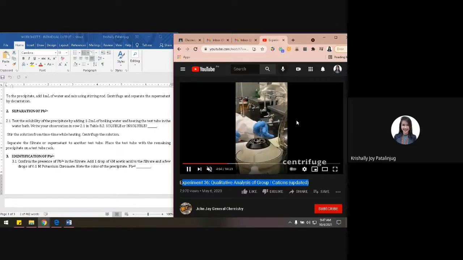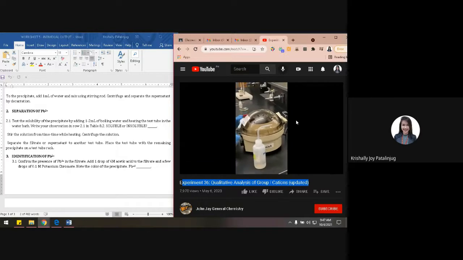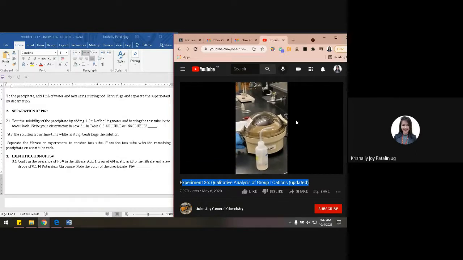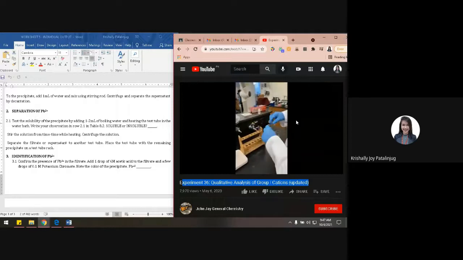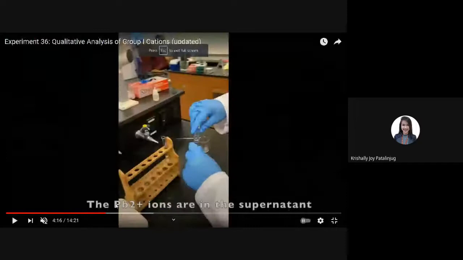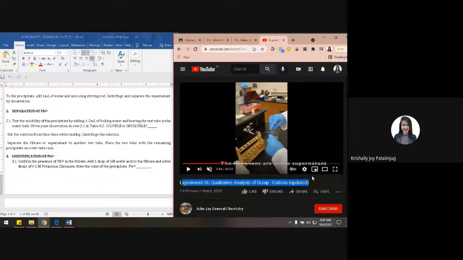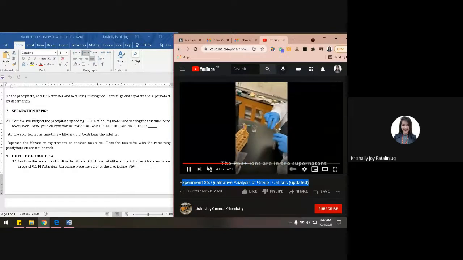Ayan, centrifuge pero totally ma-separate yung bottom part from the upper portion. Kasi nga, separation, we are separating something here. So very important yung centrifuge dyan. The lead ions, take note, the lead ions are now in the filtrate. It is now on the supernatant kasi nga na-dissolve siya with boiling water. Meaning to say, yung silver at saka yung mercury, hindi sila soluble sa boiling water. So, yan lang po yung point.